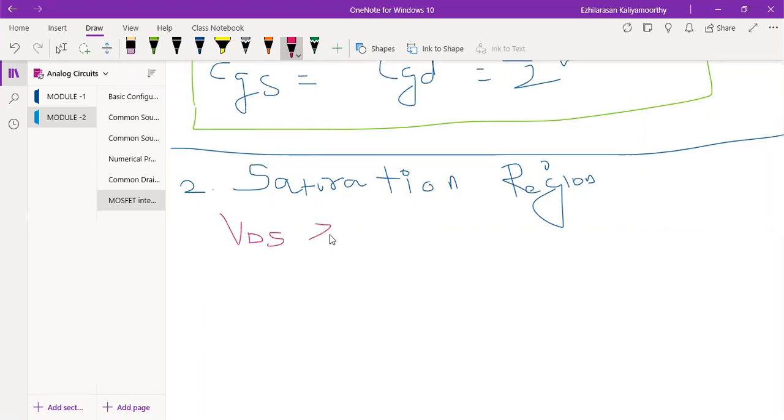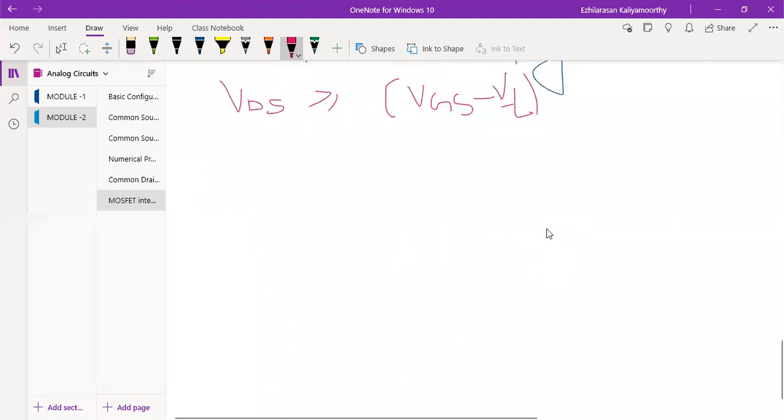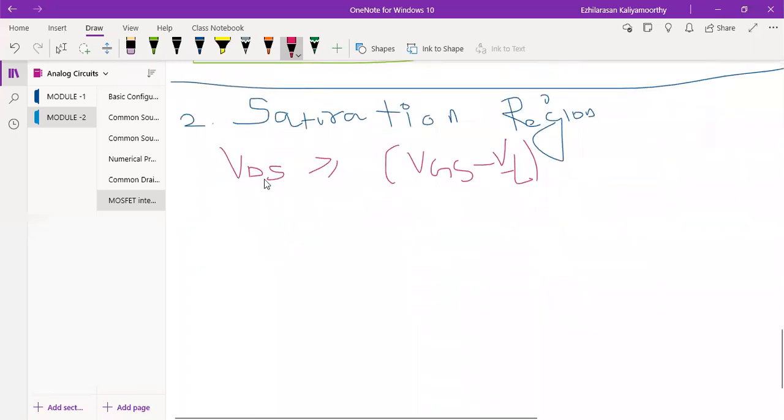VDS should be greater than or equal to VGS minus VT. Now the VDS is larger than this. When the channel is operated in saturation, the channel has a tapered shape. So now what will happen when your VDS is very much larger than VG? Now let us show the diagram of how it will be.